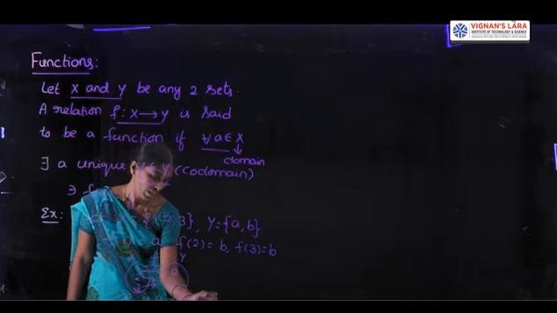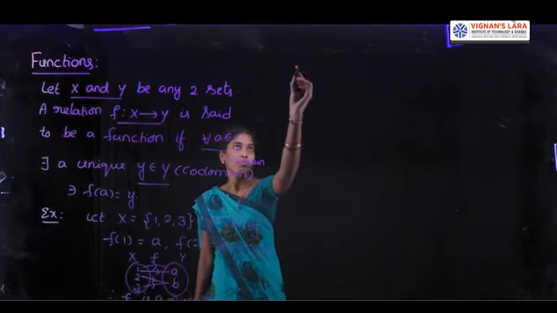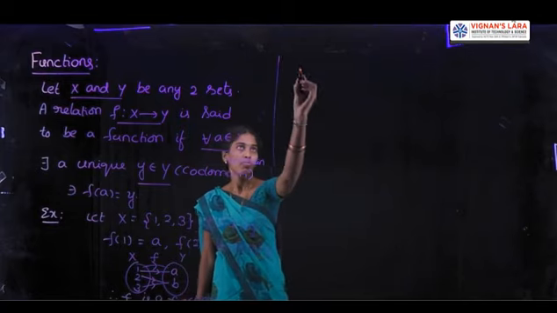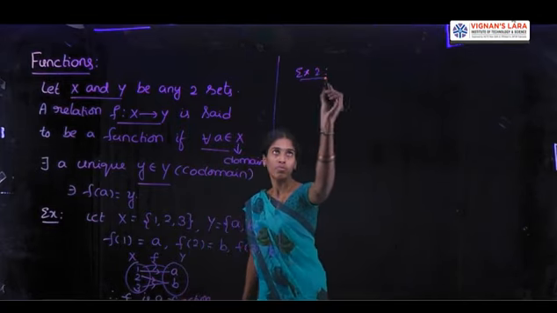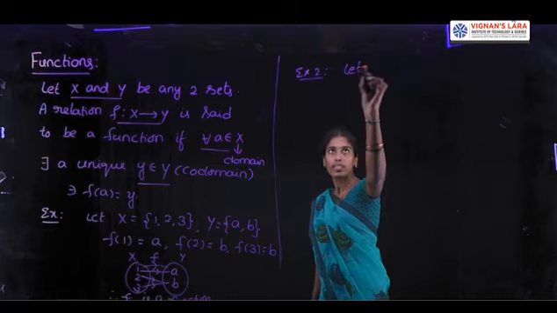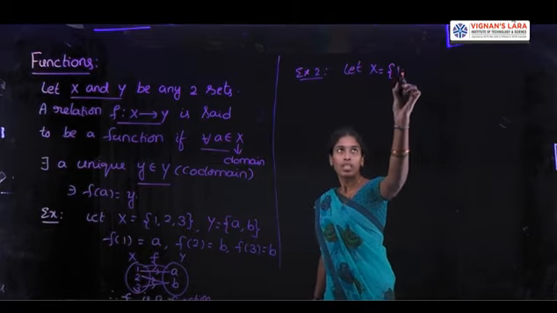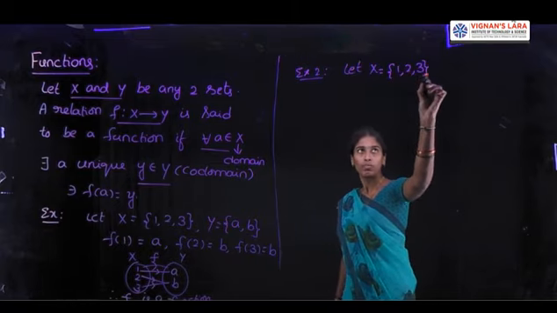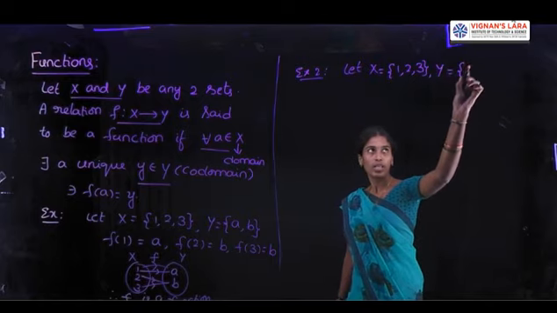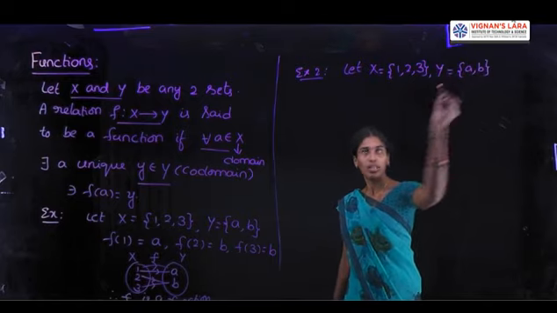Now we see another example. So let x is equal to the set {1, 2, 3}, y is equal to the set {a, b}.